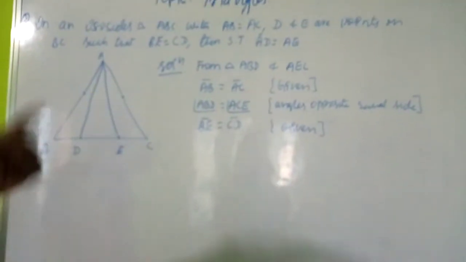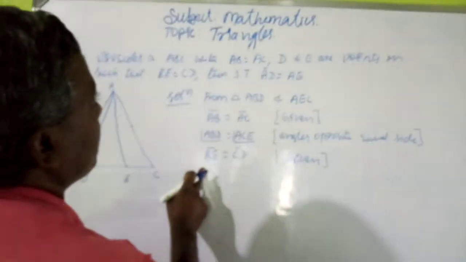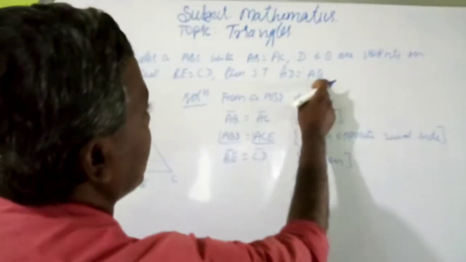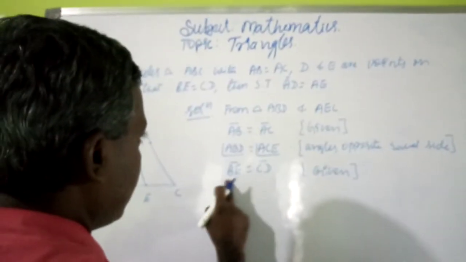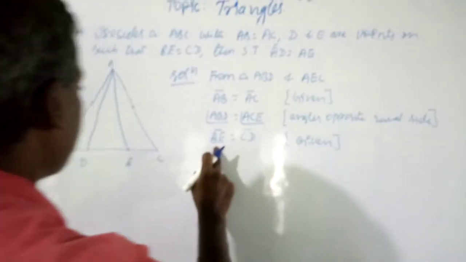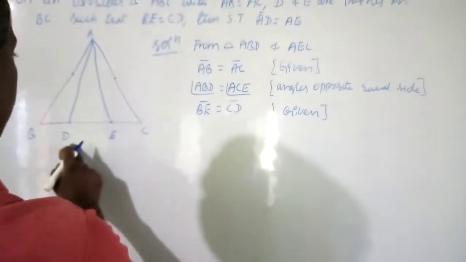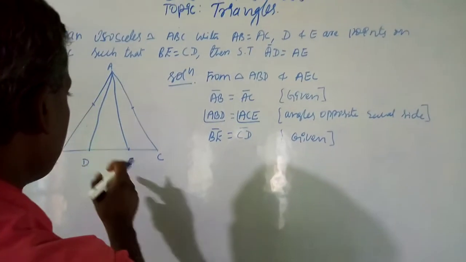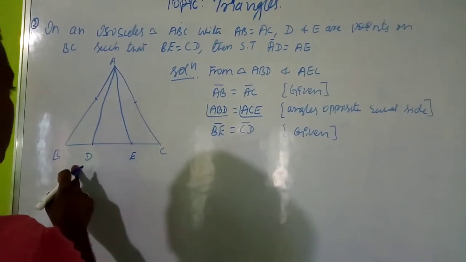Okay students, so from this what you are observing is that triangle ABD is congruent to triangle AEC, right? But what we are going to prove here is AD equal to AE. For this, you should take BE. So how to write BE? This BE can be rewritten in terms of BD.